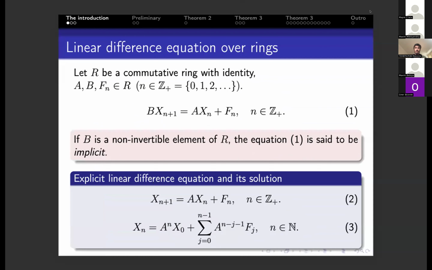To start with, let's go deep into history a bit and consider: let R be a commutative ring with identity, and let a, b, and f sub n be given elements of this ring.